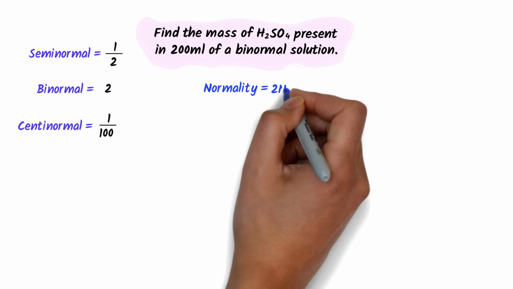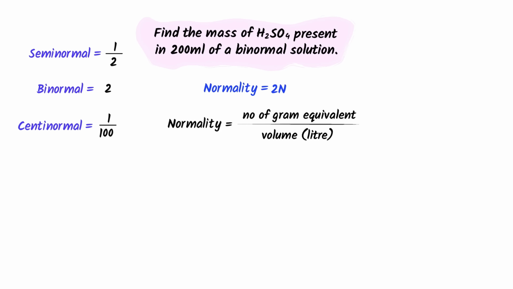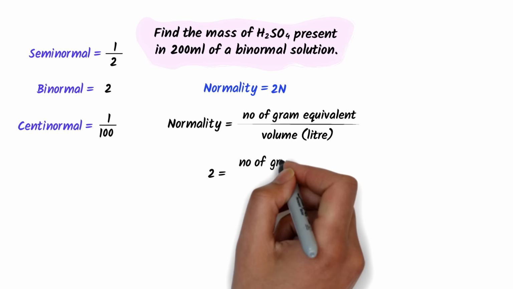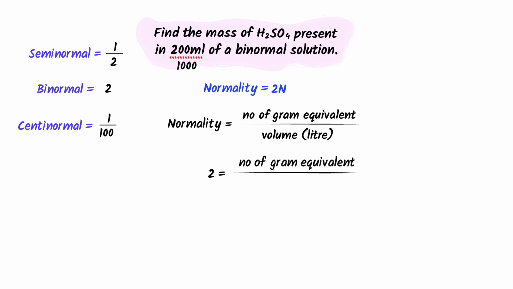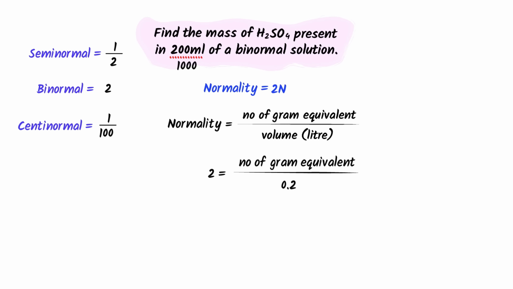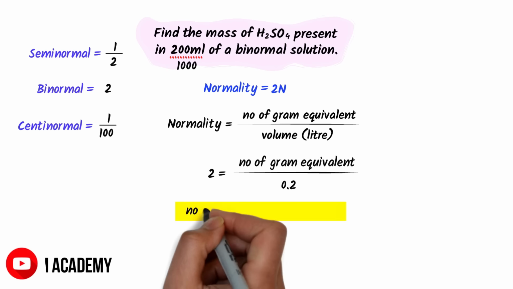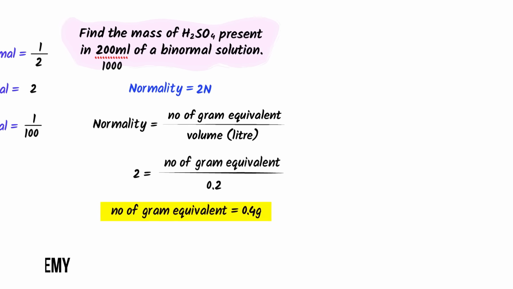For example, 2N. We know that normality is equal to number of grams equivalent of solute upon volume. Here, normality is 2 and we divide 200 ml by 1000, we get 0.2 liter. After calculation, I get the number of gram equivalent of solute is 0.4 gram.